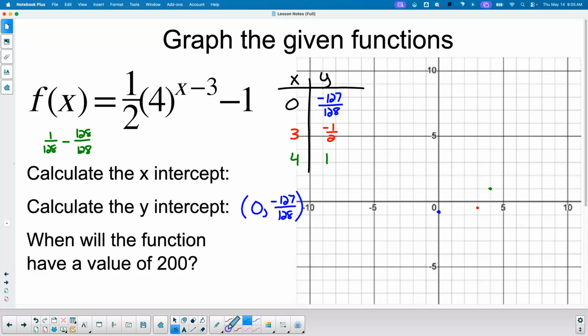Could probably do one more. 5 minus 3 is 2. 4 squared is 16, I got ahead of myself. 4 squared is 16, times 1/2 is 8, minus 1 is 7.